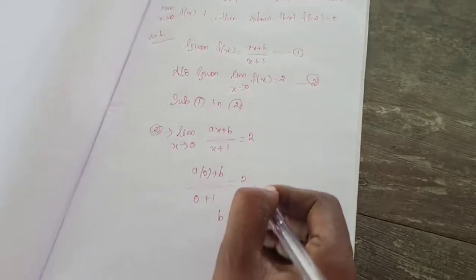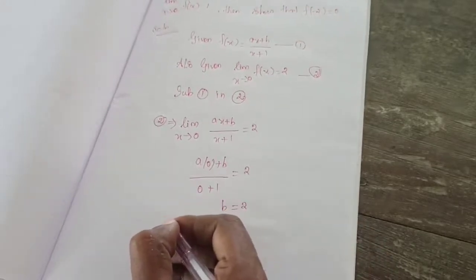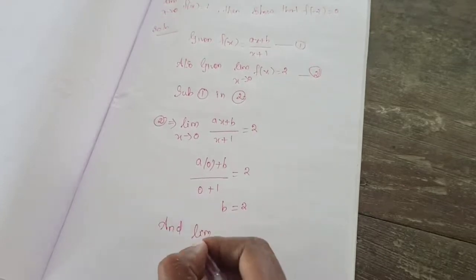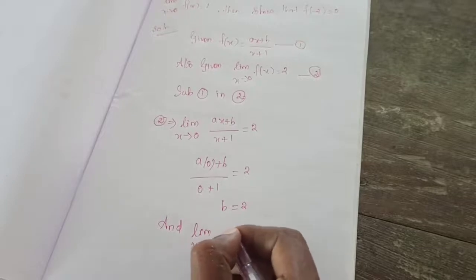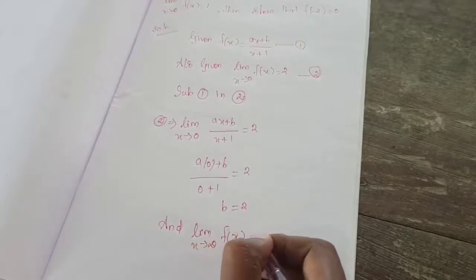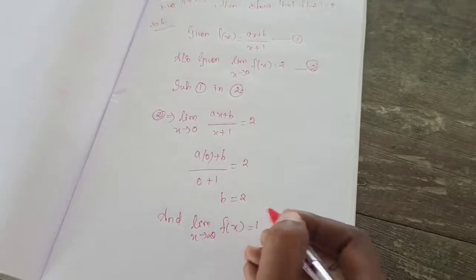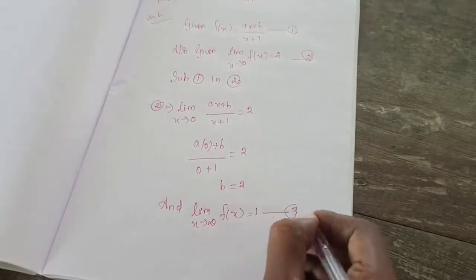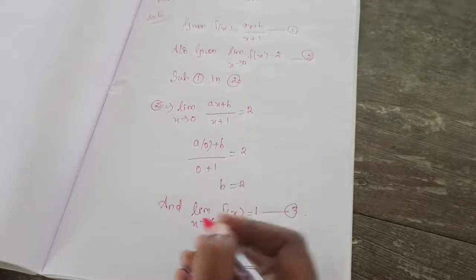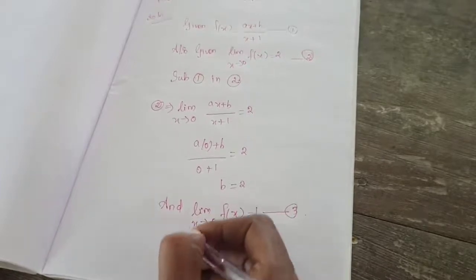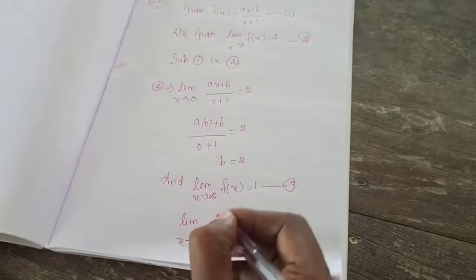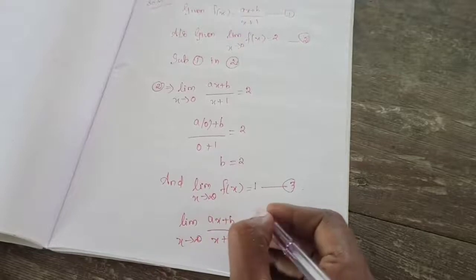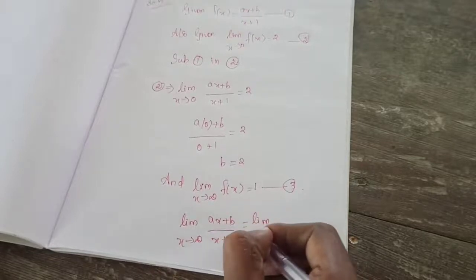Okay, so b value you got it, and one more value is given in the question, limit x tends to infinity, f of x is equal to 1 is also given. Is it right? So here also we need to do. Okay, so take this as equation number 3. Here also substitute in the place of f of x the same value. So limit x tends to infinity, ax plus b divided by x plus 1 is equal to limit x tends to infinity.